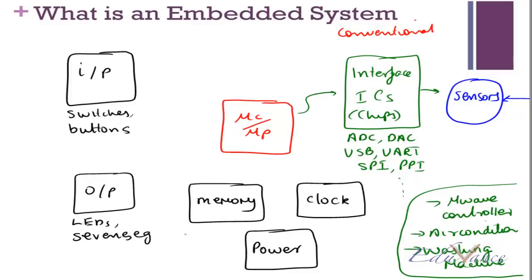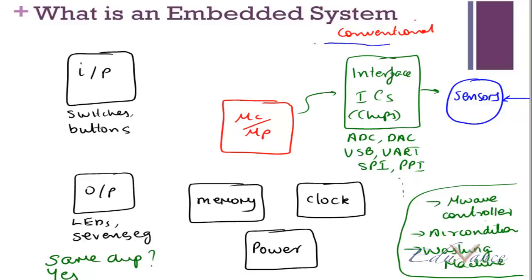What if I take certain components of my embedded system, and if I put it onto the same chip, can we do that? The answer is yes. So let's take it case by case.